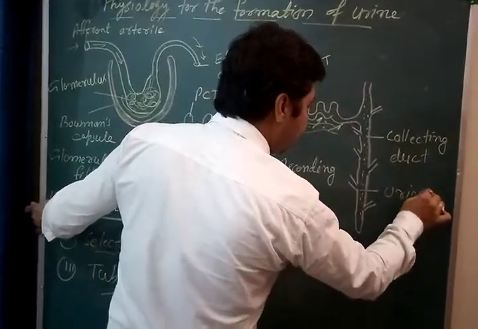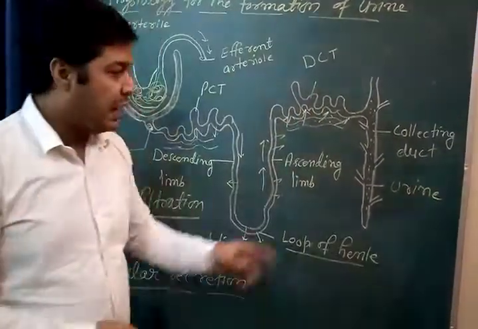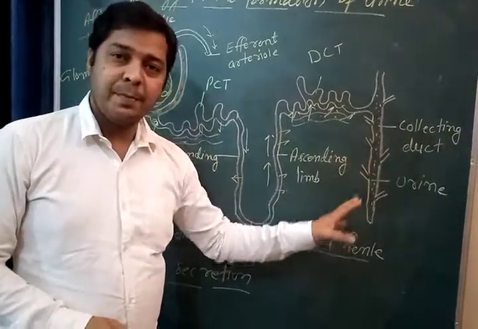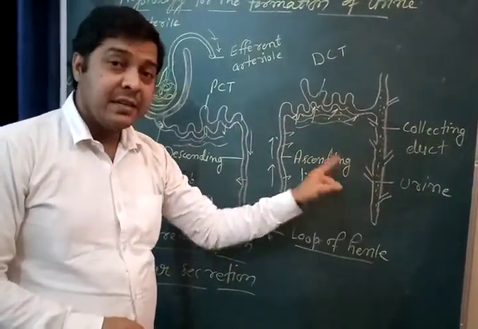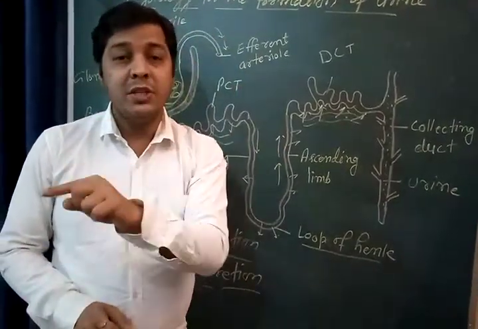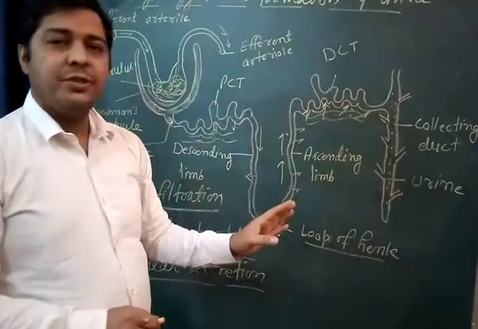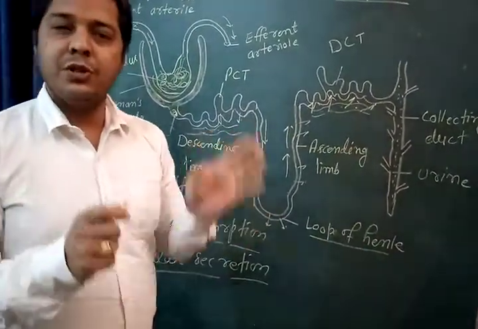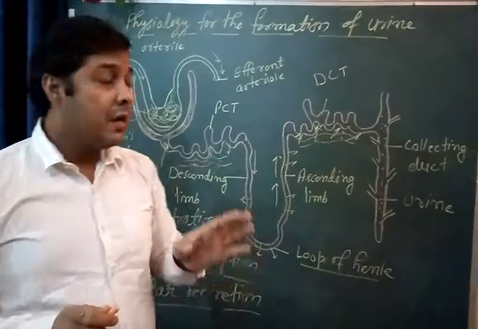Urine. So urine is formed and further collected into the collecting duct. And now this collecting duct is connected with the ureter, and the ureter connects to the urinary bladder, and this is the system, and this is the formation of urine, the physiology for the formation of urine.